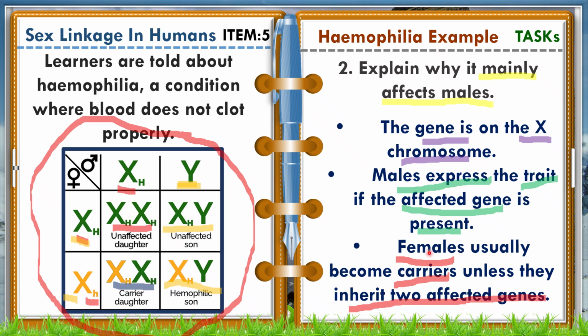Because for the female, it can be expressed only when they inherit two affected genes. If they inherit one affected gene, they become carriers. So this girl is going to become a carrier, but not affected by hemophilia.